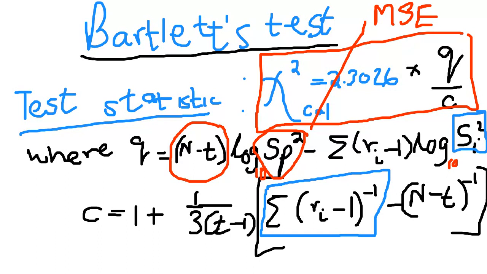Because of the summation, this is the same as 1 over Ri minus 1.